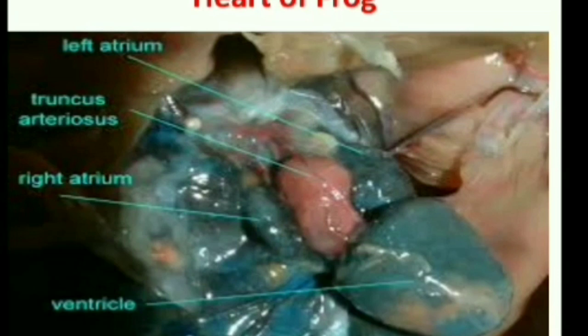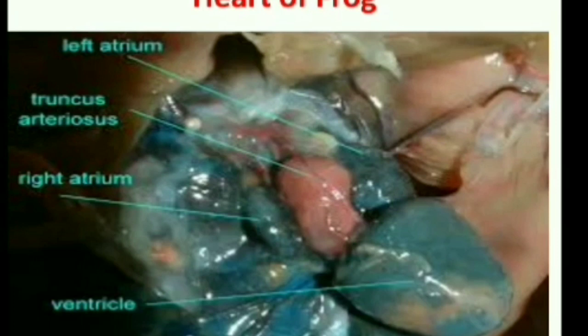There are present three chambers, but along with those chambers, two more chambers are there. Let me tell you, the heart of vertebrates contains two types of chambers. One, true chambers, and second, accessory chambers. True chambers are atria and ventricles, and accessory chambers are Truncus Arteriosus and Sinus Venosus.